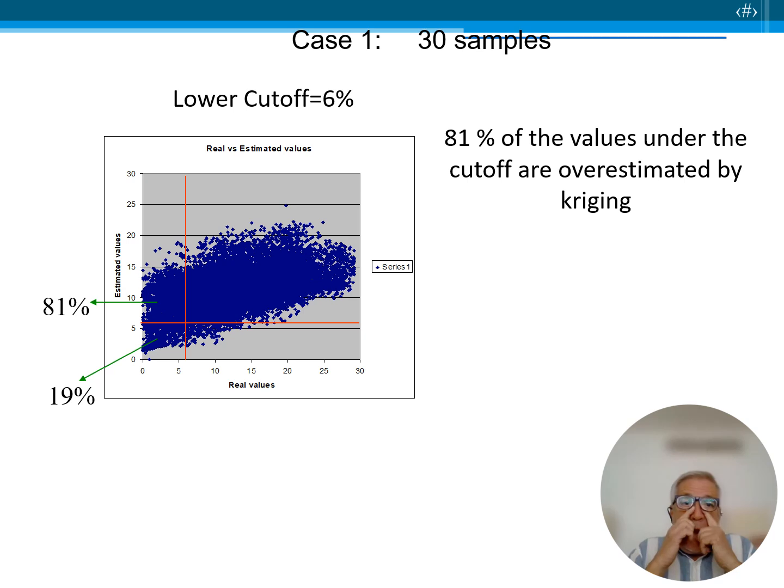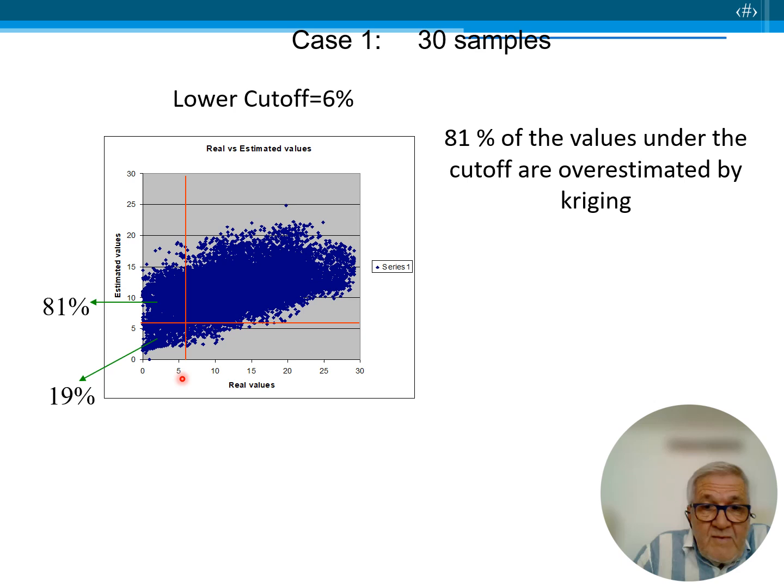Now let's see what happens to the extreme values. What are the values under, for example, 6%? Let's consider this a lower cutoff. If you want to see the values under 6%, this is the estimated value, the kriged value. You see that under 6%, all those points are considered lower than 6%.